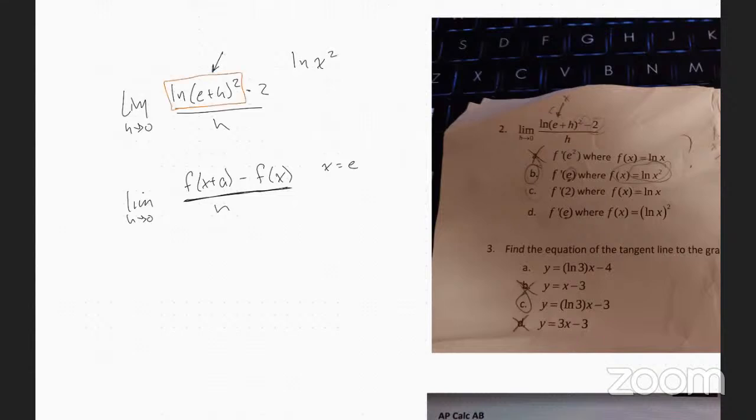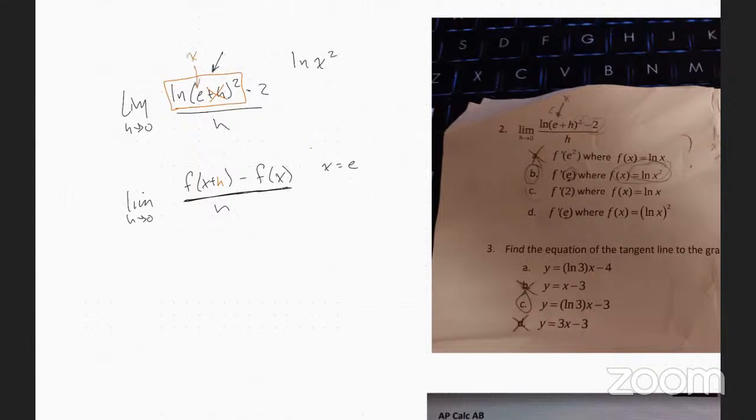It's plus h, not plus a. So take out the h part, put an x there, and that's probably your f of x. It's almost always how it is.